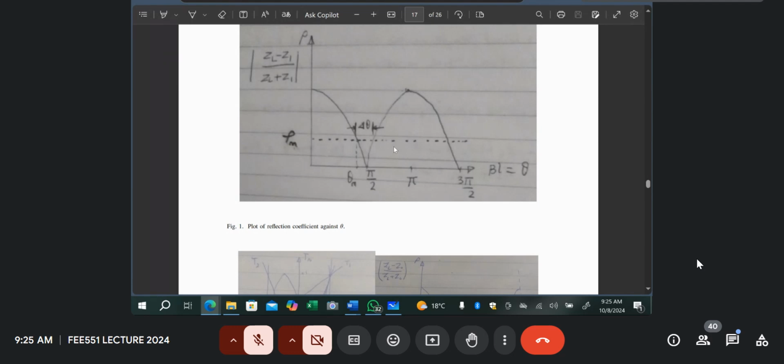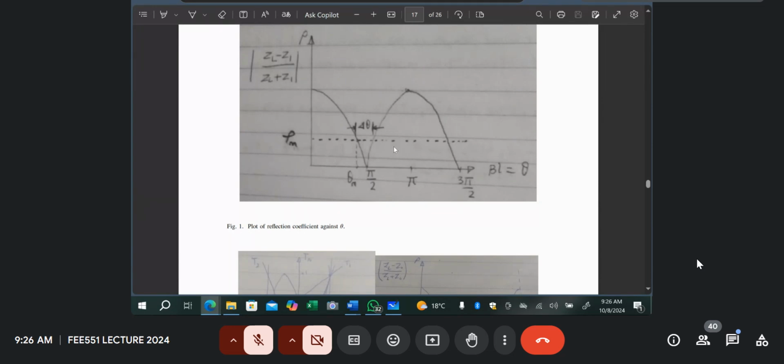Within d theta, you should be able to communicate below rho m, which is the maximum threshold, the maximum reflection coefficient that you don't want to exceed. If you are able to tolerate that maximum value of the reflection coefficient, then communicating below it would be okay. And that corresponds to that d theta, which is very small looking at it.